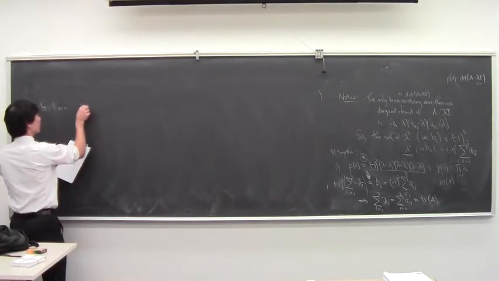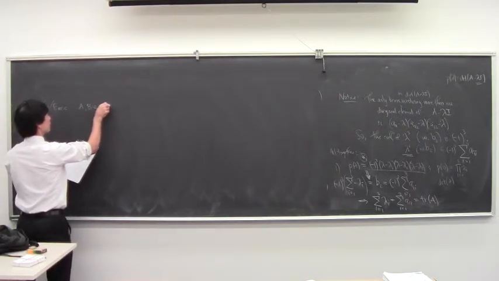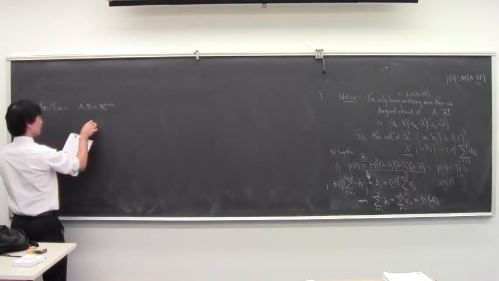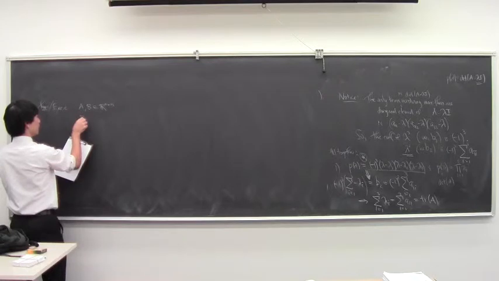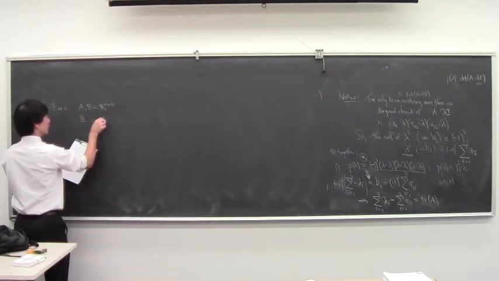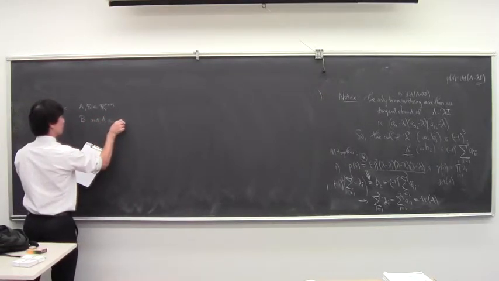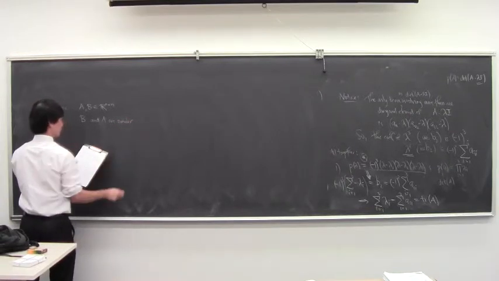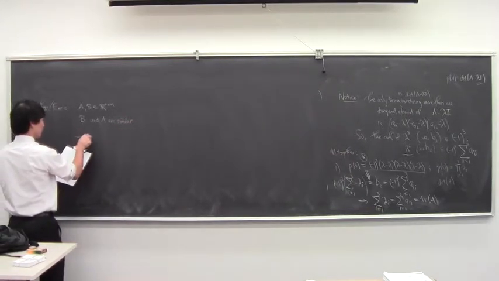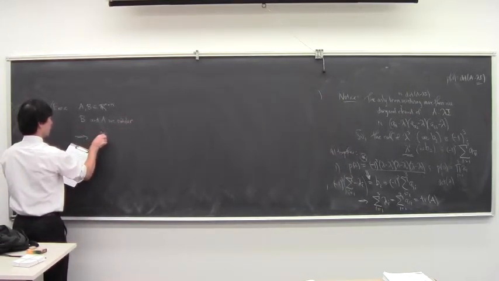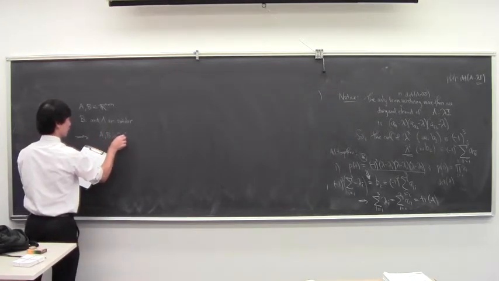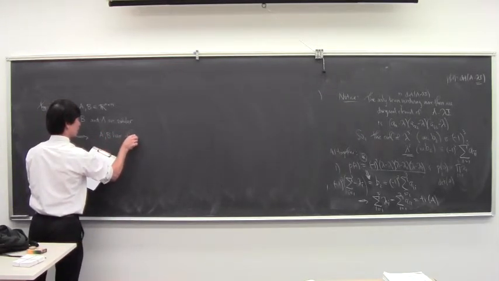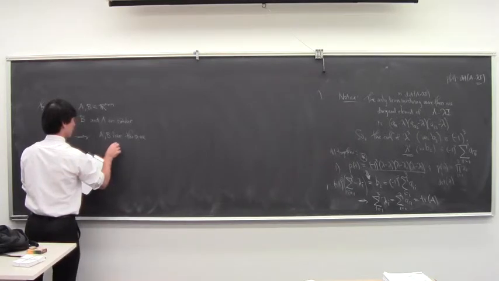If you have two matrices, and let's say that B and A are similar, then they both have the same characteristic polynomial.